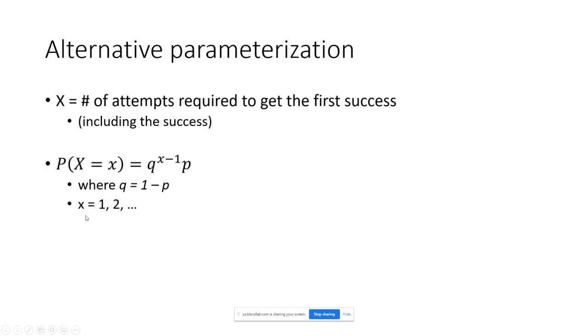And this is valid for values of x equal to 1, 2, 3, 4, and so on, with no upper bound. But here, 0 is no longer a valid outcome because we're counting the yes result. So at a minimum, we need one trial to get the first heads, for example.